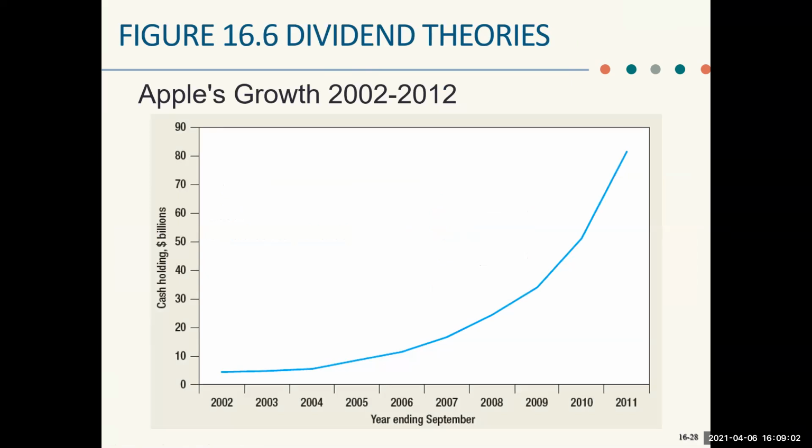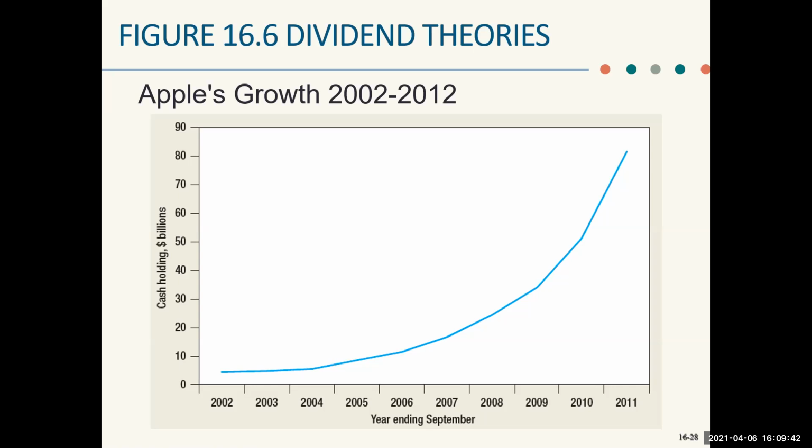Okay, and finally, this graph is the example of Apple's commitment to pay dividends. Historically, Apple became so successful that their cash holdings grew at an exponential rate, from about $5 billion around 2002 to $80 billion in 2011.